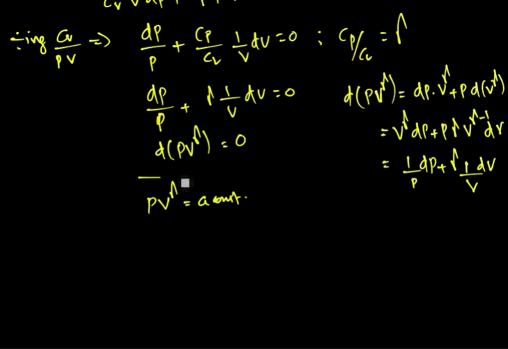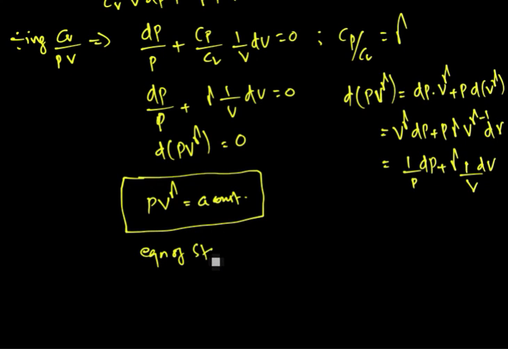So this is the equation of state for an adiabatic process. P V raised to gamma is equal to a constant.